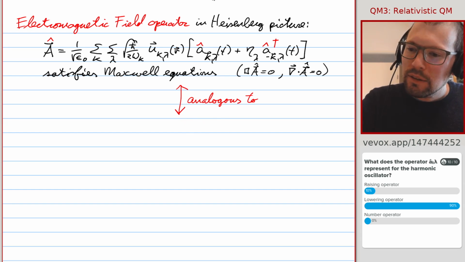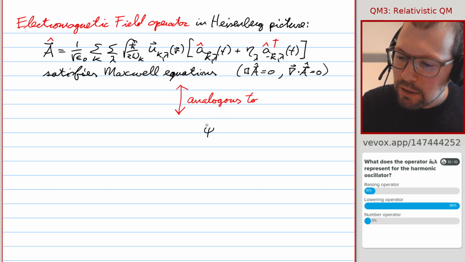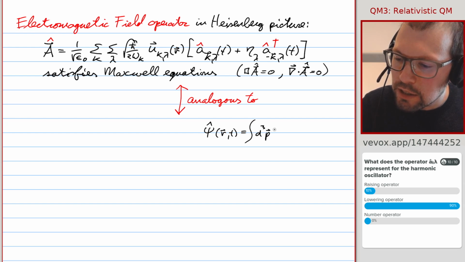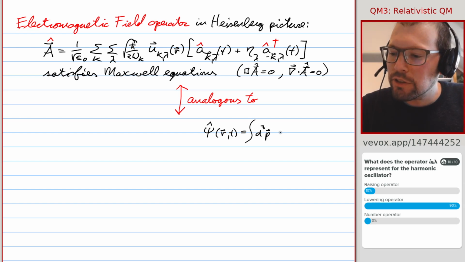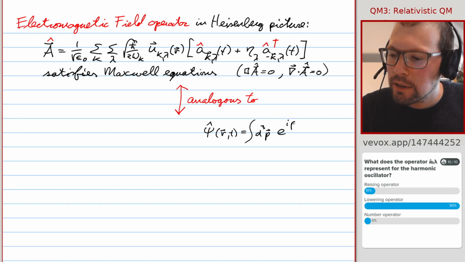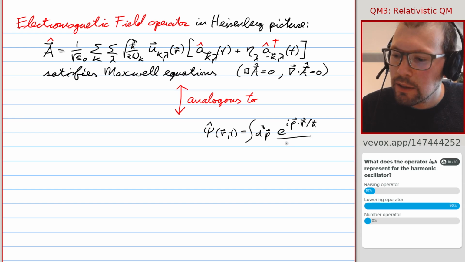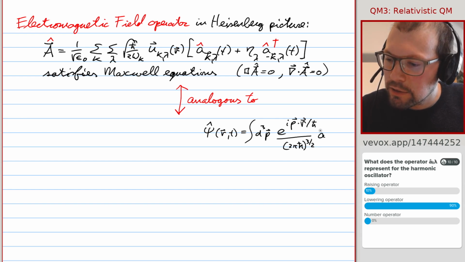So what was this operator psi(r, t)? It was really the Fourier transform of this quantity.